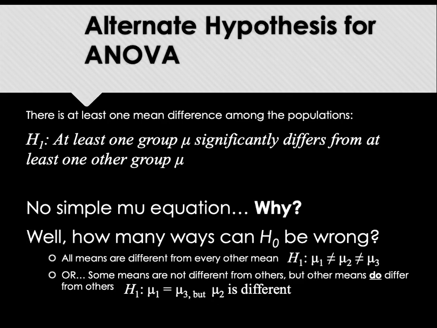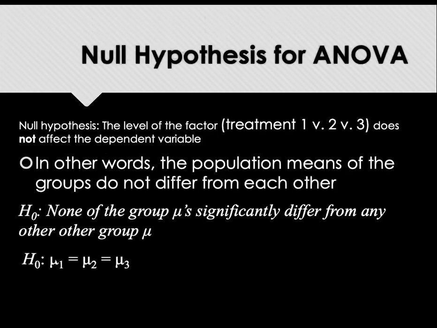Perhaps play therapy is different, but arts therapy and cognitive behavioral are both the same. So there are, as you can see, all kinds of different combinations or ways in which the null hypothesis could be wrong. And again, the null hypothesis just says that none of the group means significantly differ from any other group mean, that they're all equal.